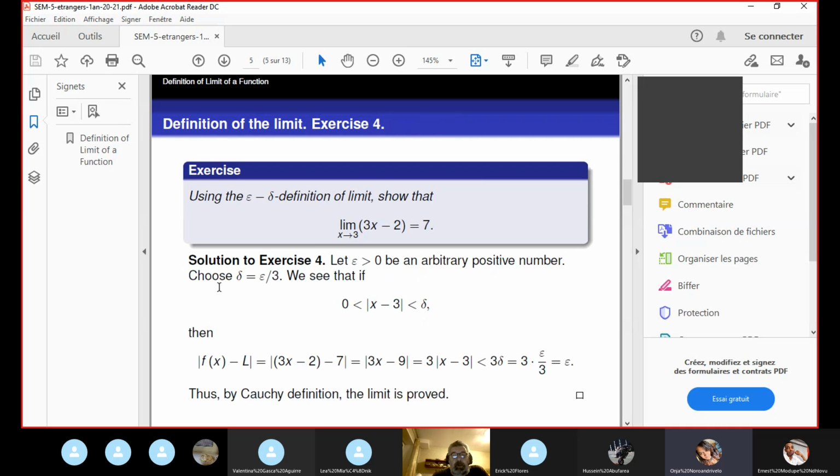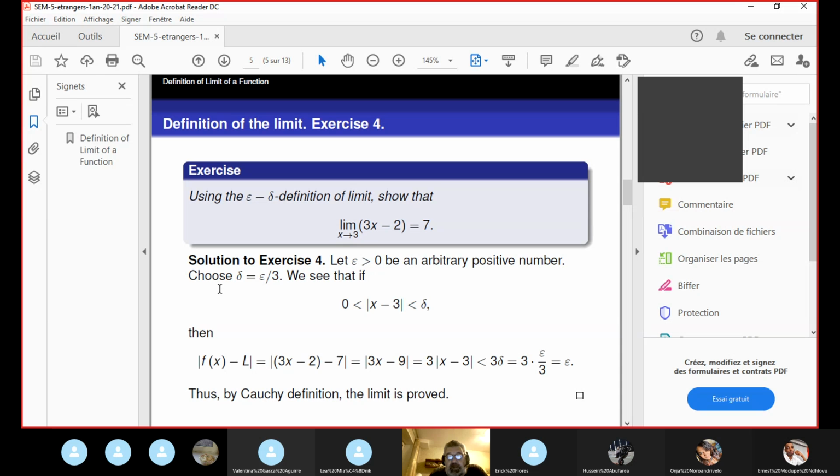So now let us try to use this definition, the Cauchy definition, in the first exercise, using the epsilon delta definition of limit. Show that the limit as x goes to 3 of 3x minus 2 is 7.